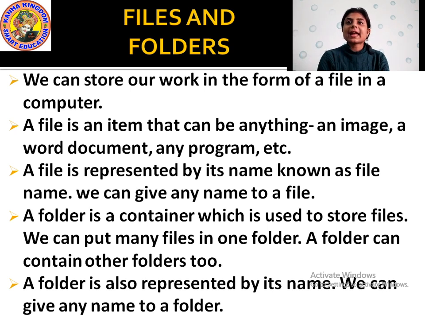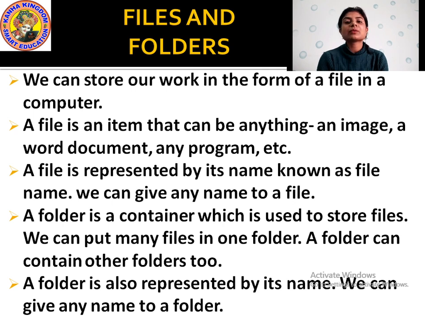Then desktop. Desktop is the first screen or page of the computer that is seen when we switch on our computer. It is like a table where we keep the important files, documents, icons, everything. And what are icons? Those are the small pictures on the desktop.